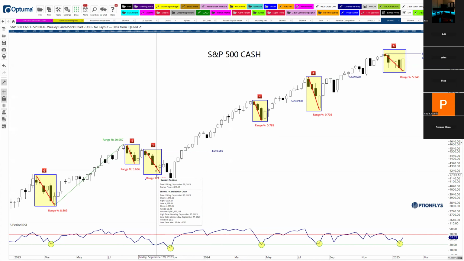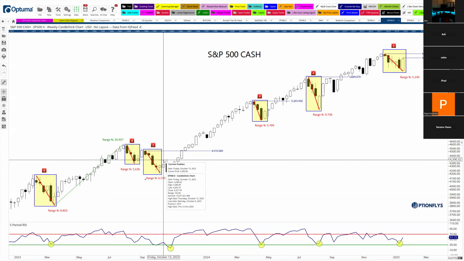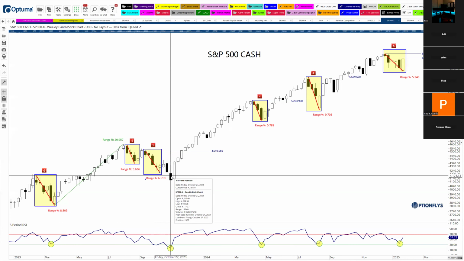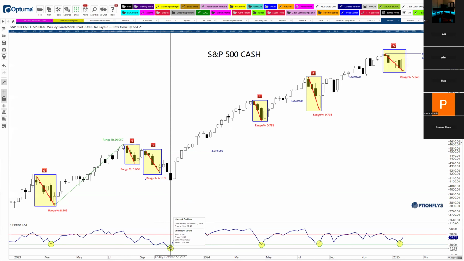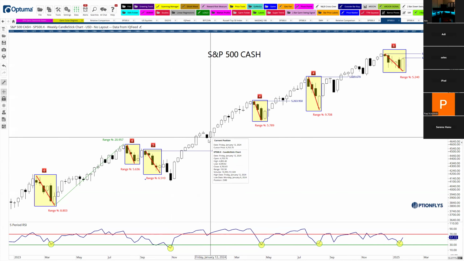I would only focus on how many weeks the S&P was down. This was the higher bar, and then we made 2 more weeks. That's when the RSI went way oversold, and from there we just recovered right back up.